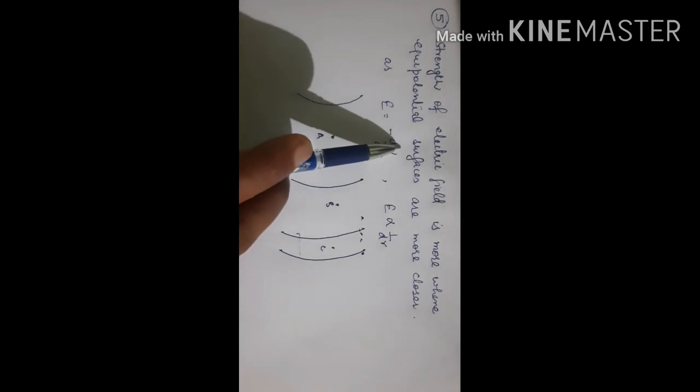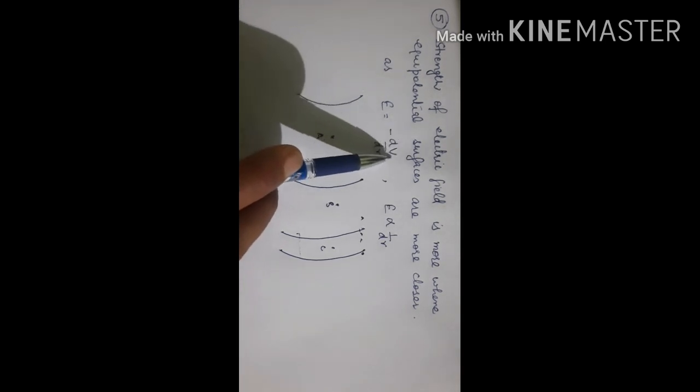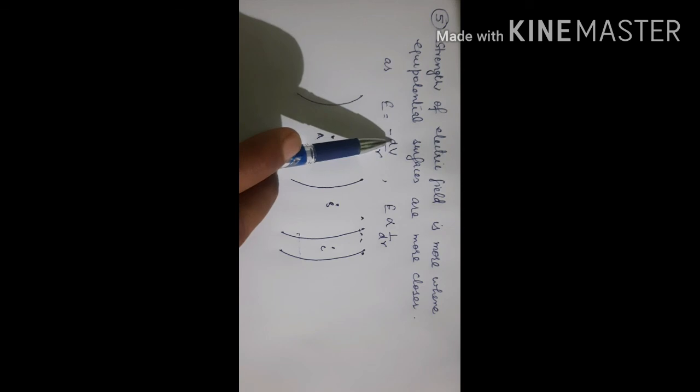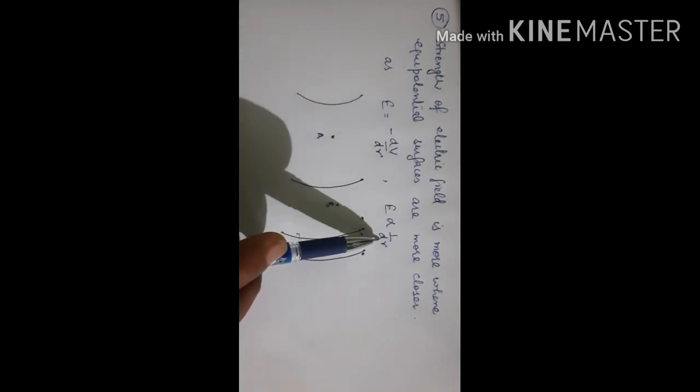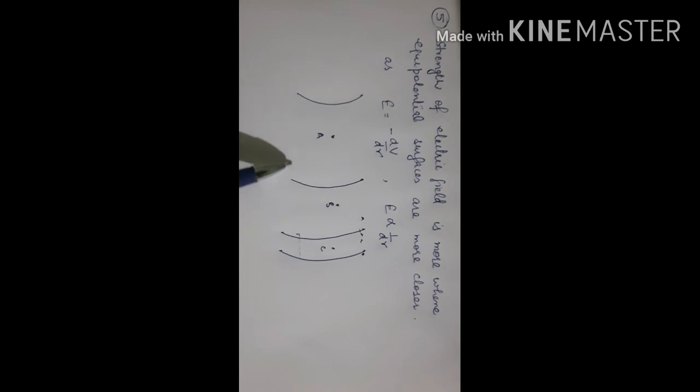If the change in potential is constant or equal, then the electric field is inversely proportional to the distance. These are all equipotential surfaces, and this is 10 volt, this is 20, this is 30, and this is 40 volt.